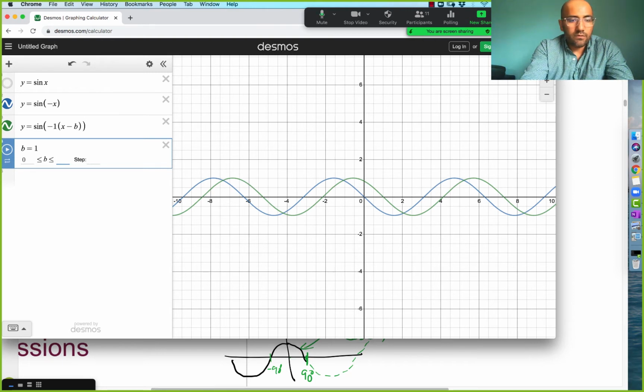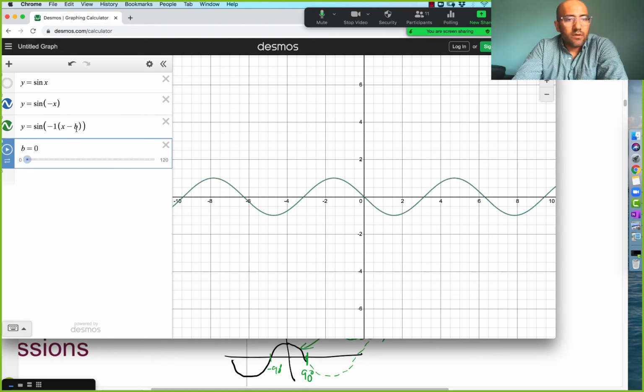Let's go to 0 to 120 by 5s. Okay, so when it's 0, then we have the exact same graph. When it's 5 degrees, it got shifted.